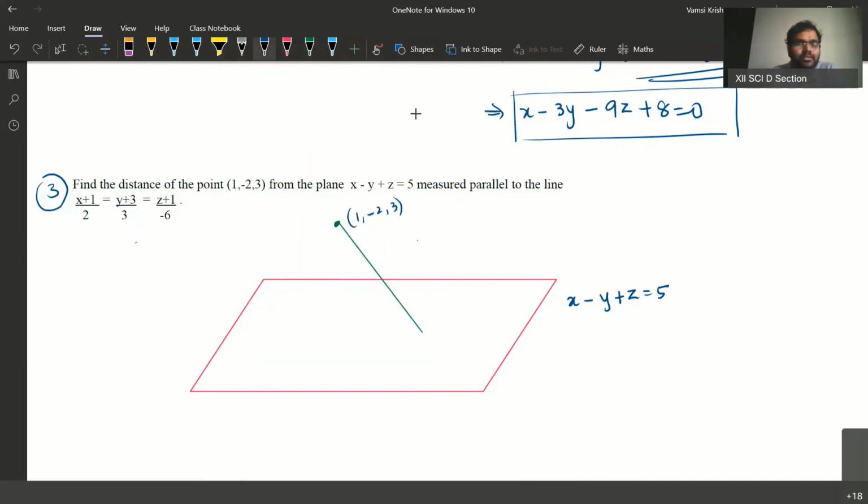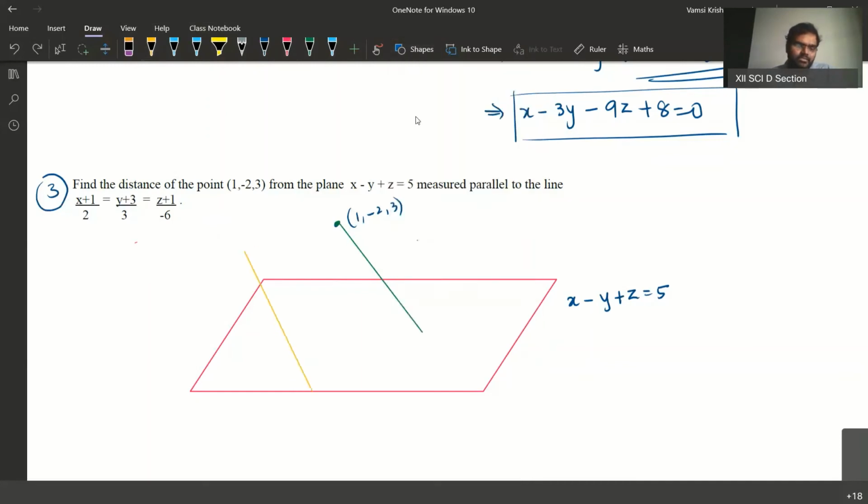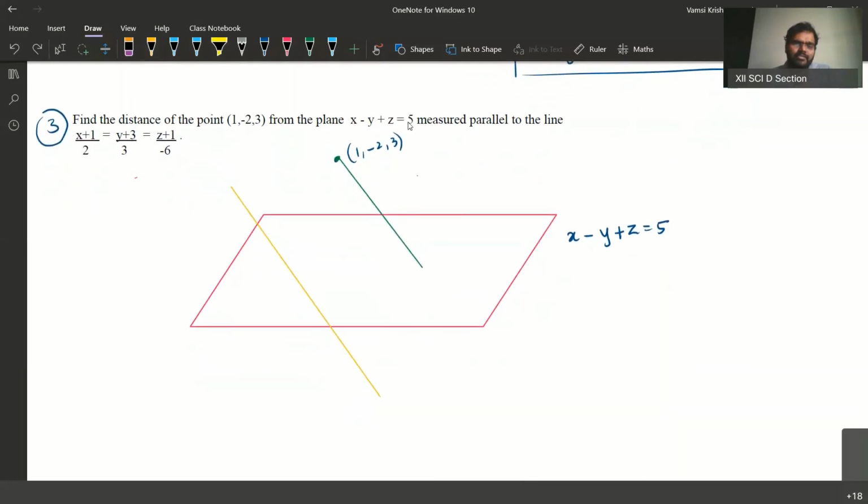Let me choose another color. Okay. So there is a line parallel to this, which is like this. Let's draw it clearly. This is the line. Let me give it some 3D effect.